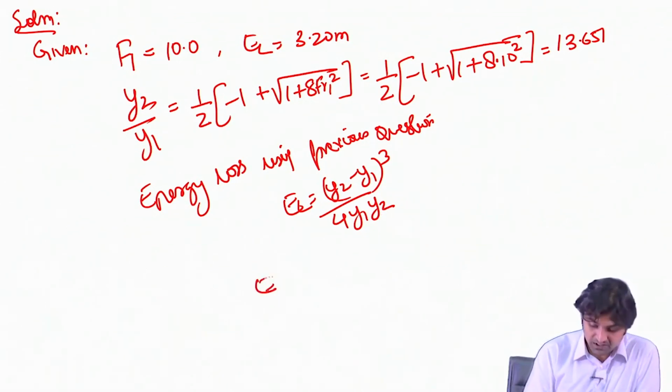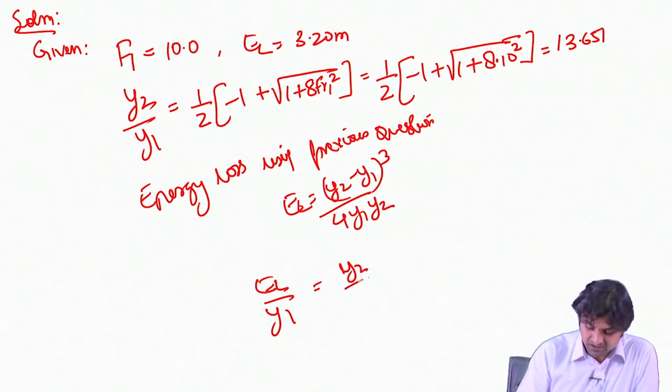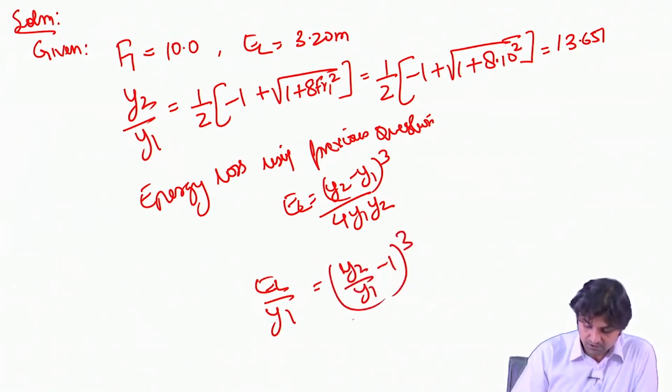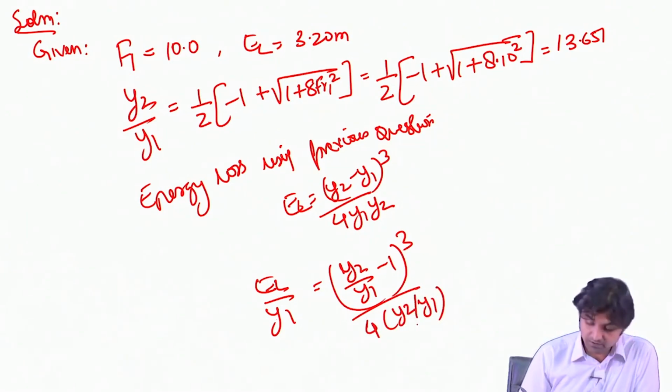So, if we say EL by y1 is (y2 by y1 minus 1) whole cube divided by 4 y2 by y1. Okay. So, EL we know is 3.20.